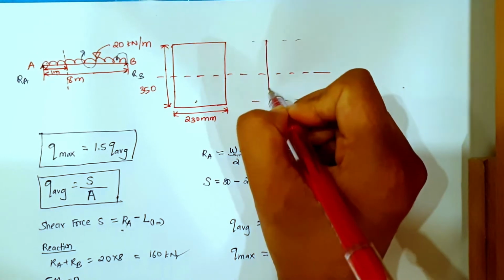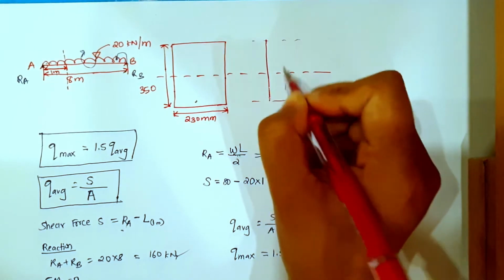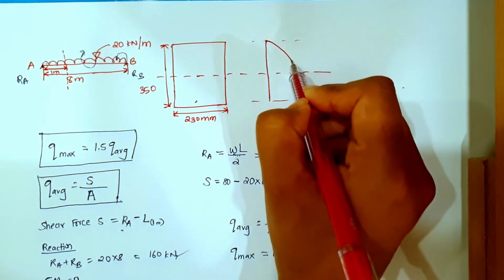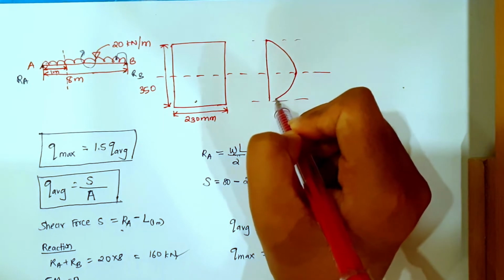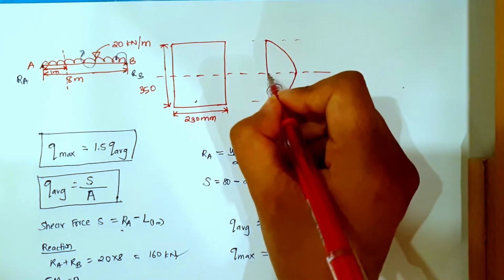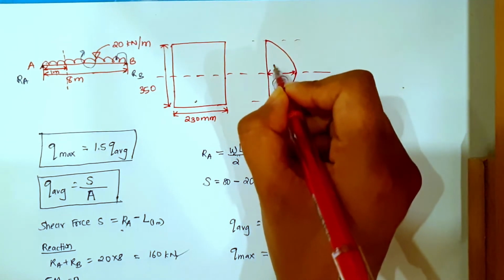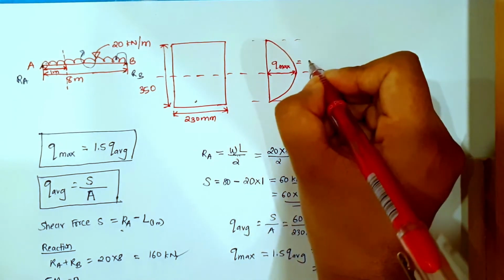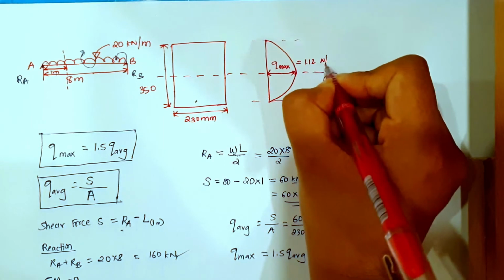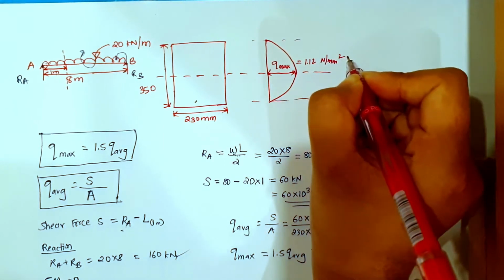Draw a straight line and then a parabola. Maximum will be here at this point where the neutral axis is passing, and then it will go in this manner. So you have here Q max, which is equal to 1.12 Newton per mm square.